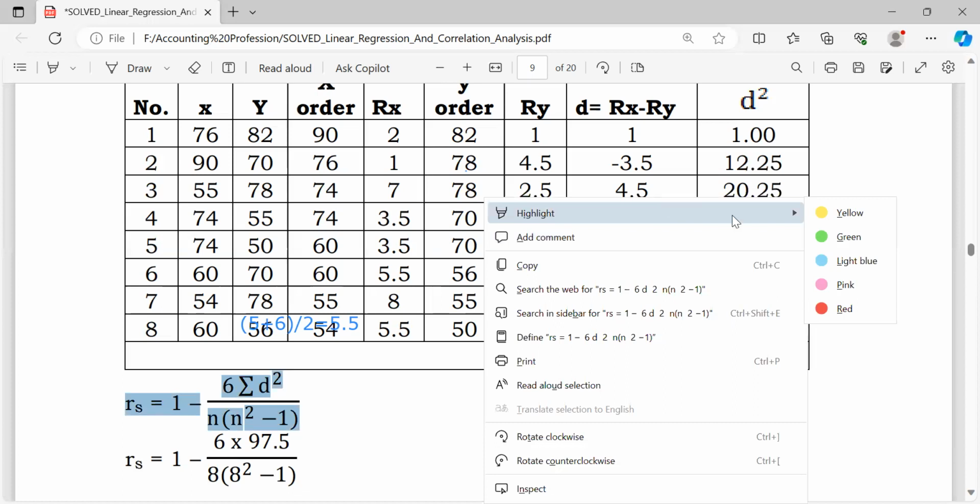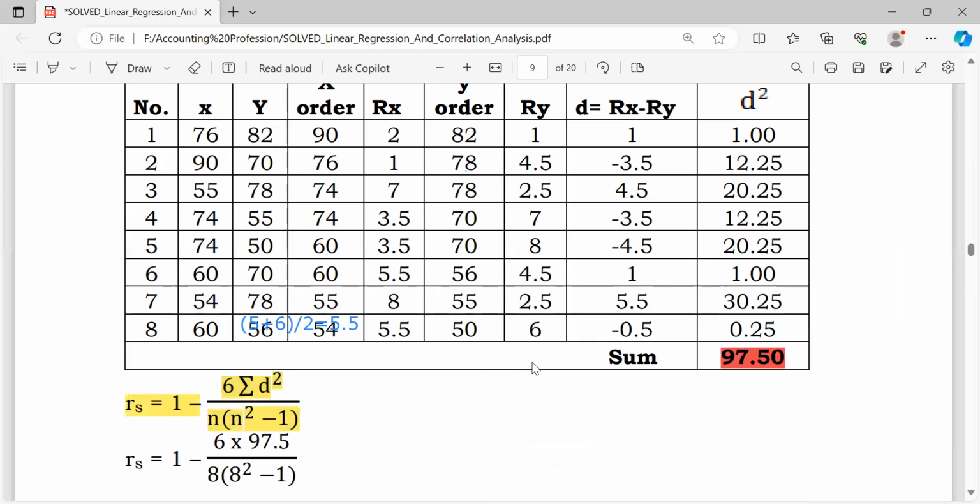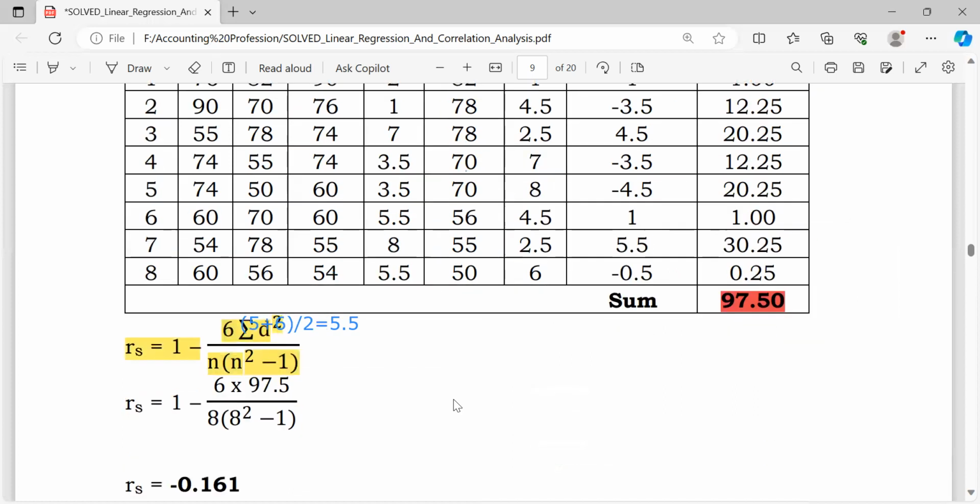Just start plugging in the numbers. So you have 1 here, this one, and then you have 6 times summation of d squared. Summation of d squared equals 97.5, as seen here, right? And then you have n. Now, what is n? N is the number of data pairs.